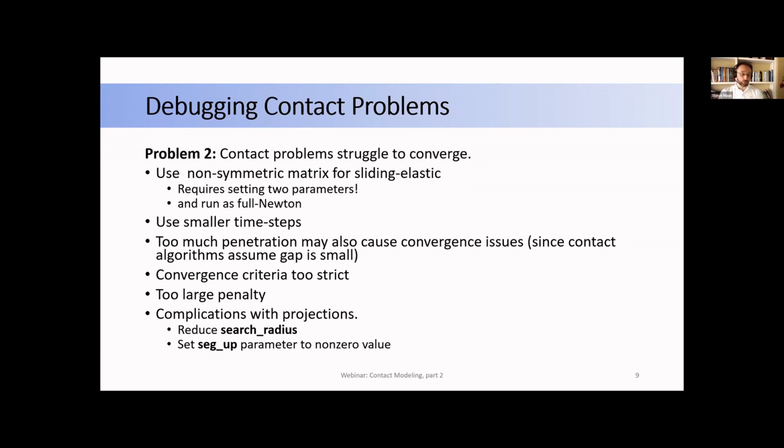So with the setup parameter, you can set a maximum number of projections that FEBio will do, after which it will just stick to whatever facet on the secondary surface the contact point was projected to. That eliminates the flip-flopping and can help with convergence. Okay, so enough said. Let's put this now into practice.